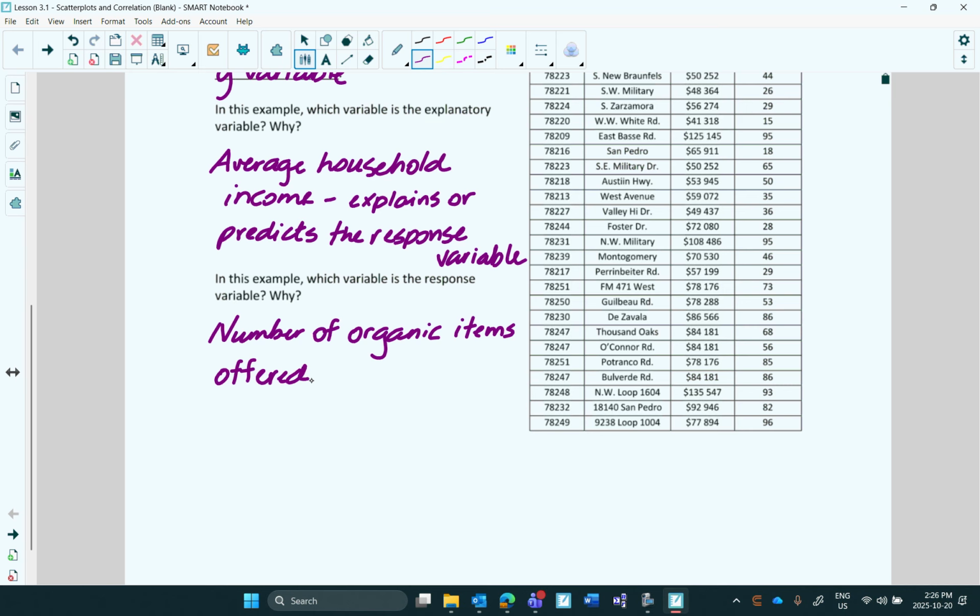Okay. Because it's the variable attempting to be predicted, or it's the one that depends on the explanatory variable. Okay. So it depends on explanatory variable.